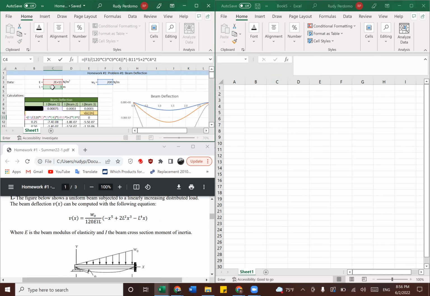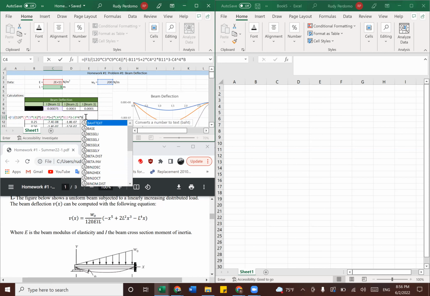Squared times x, which is B11 again, cubed, minus L to the 4th times x, which is B11.